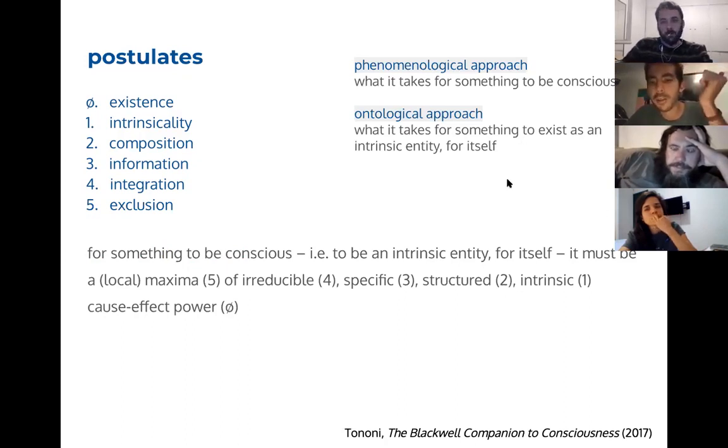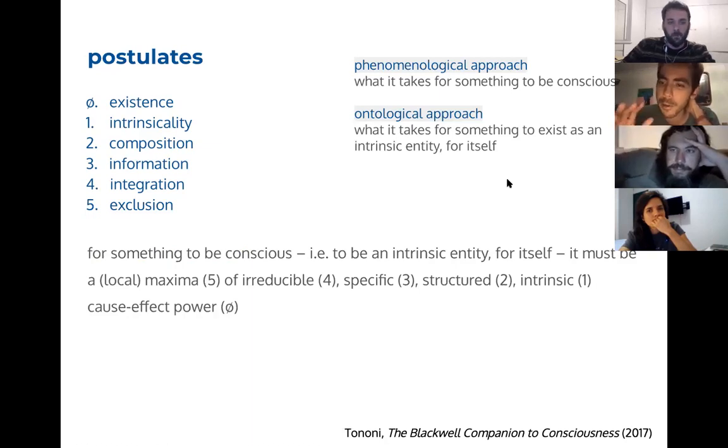Another way is a purely ontological approach, which asks what it takes for something to exist as an intrinsic thing without regard to consciousness. He will argue that for something to exist intrinsically, in this ontology of powers, you need something irreducible, specific, structured, intrinsic.